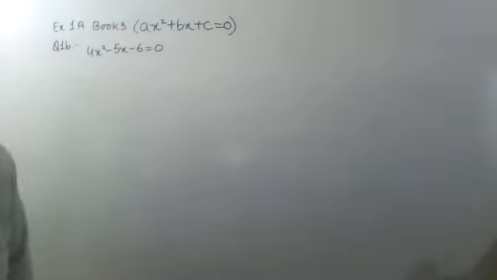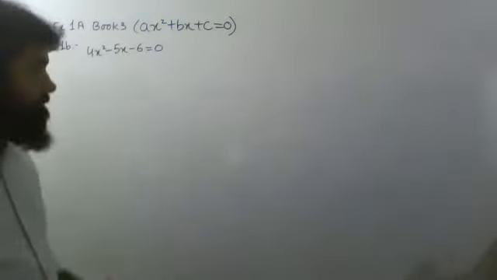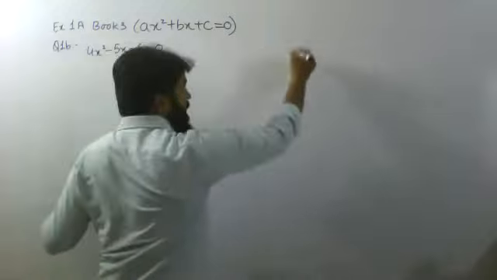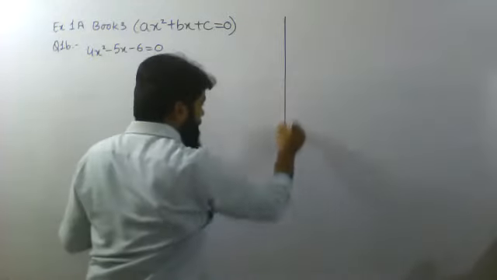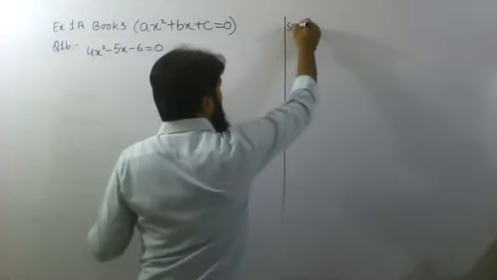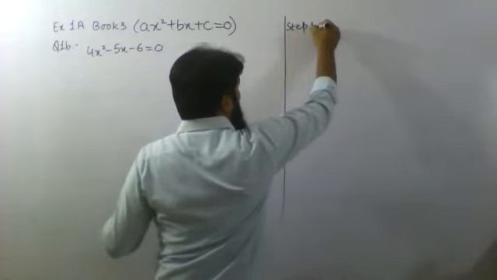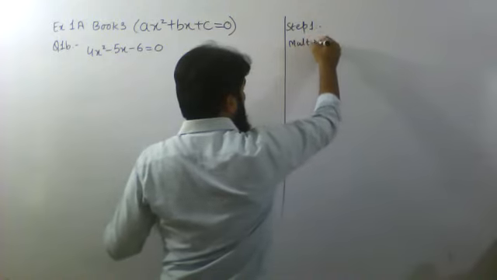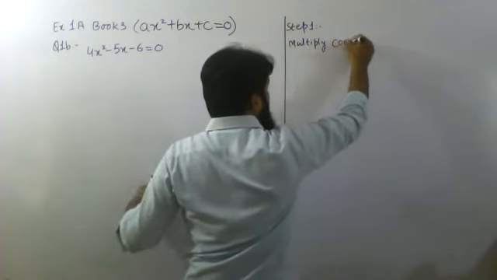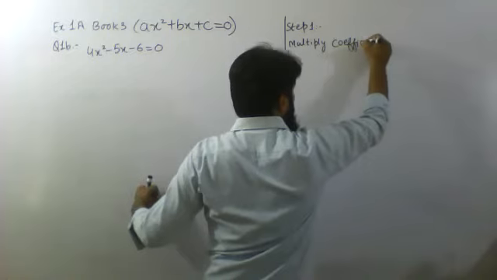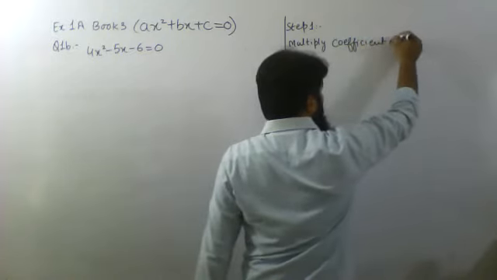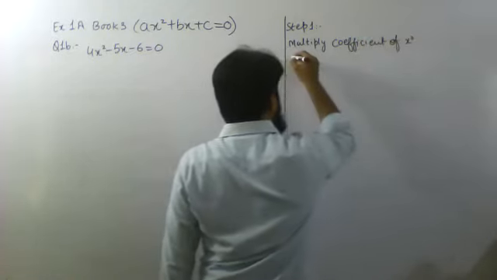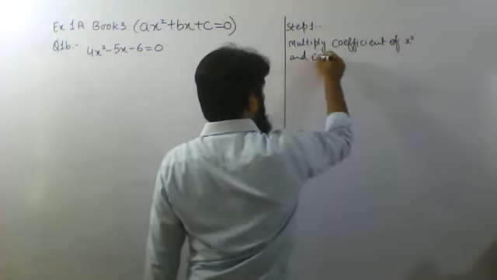Okay. Now, how will you do the working? I'm going to write your steps over here. Step number 1 is multiply the coefficient of x square and the constant.